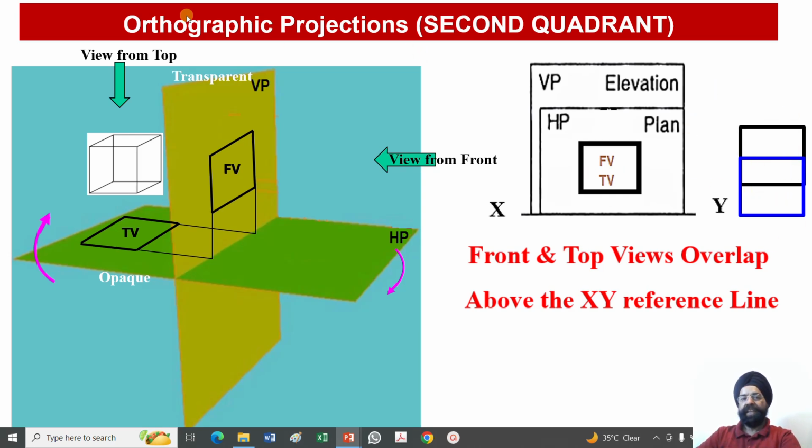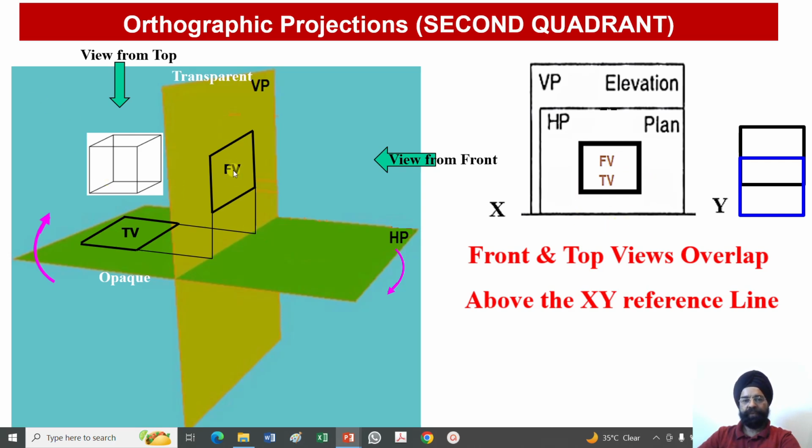And since the views obtained in the second quadrant overlap and interfere with each other, they lead to lesser clarity regarding the proper apprehension of both of these views. So that is why projections will not be drawn in the second quadrant. Here you need to remember, in the second quadrant, the front view will lie above HP and the top view will also lie above HP.